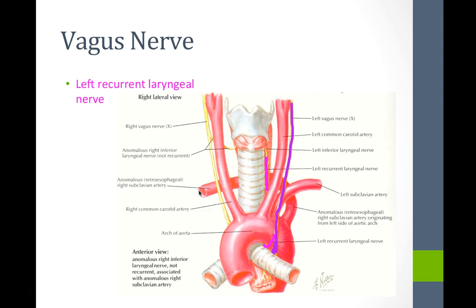That is not pictured here, but you can of course see your right vagus nerve over here, and we will talk about the course of that right one in our lecture portion. Unfortunately, I don't think we'll find the right recurrent laryngeal nerve in the cadaver lab.